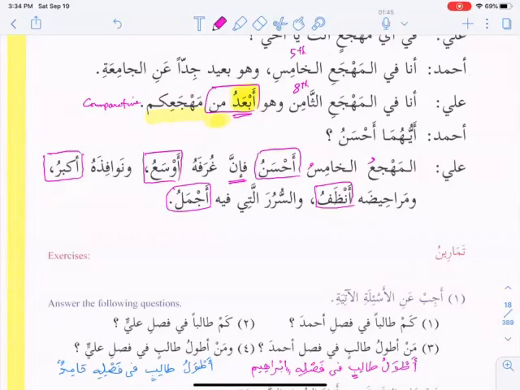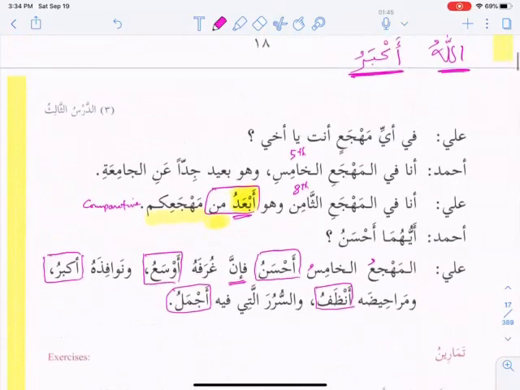Mubtada, this is the mubtada. Where is the khabar? Ahsanu. Al-Mahjaul Khamisu ahsanu. It is better. The eighth, no, the fifth. The fifth dormitory is better than the others, you know.